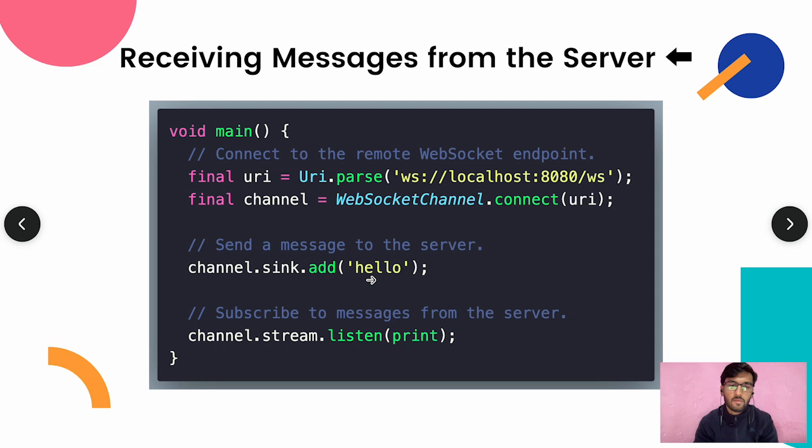And also we can subscribe to the channel with the help of channel.stream.listen. In the same way, if we get any message or data from the backend, we can easily access it. So in this way, we can implement WebSockets as well.